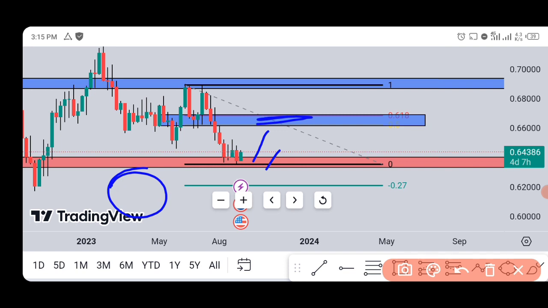These pairs, AUD CHF, AUD JPY, AUD USD, AUD CAD, move in the same direction.